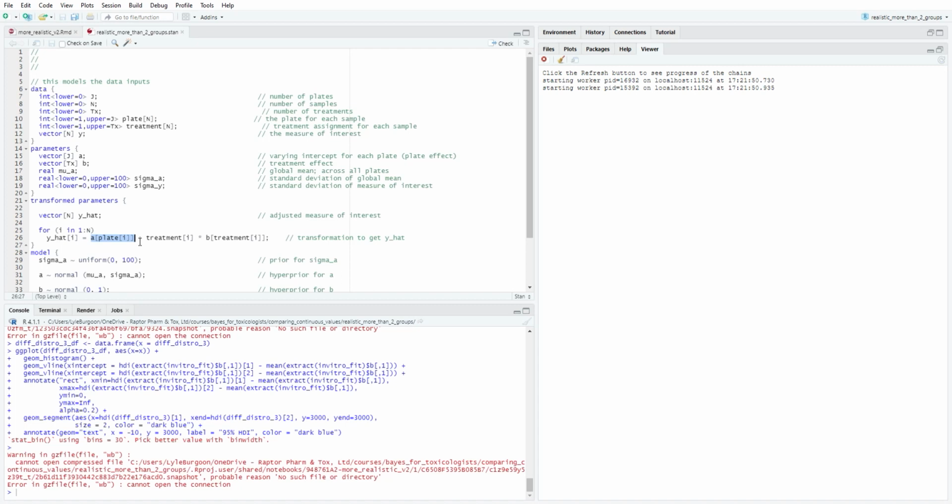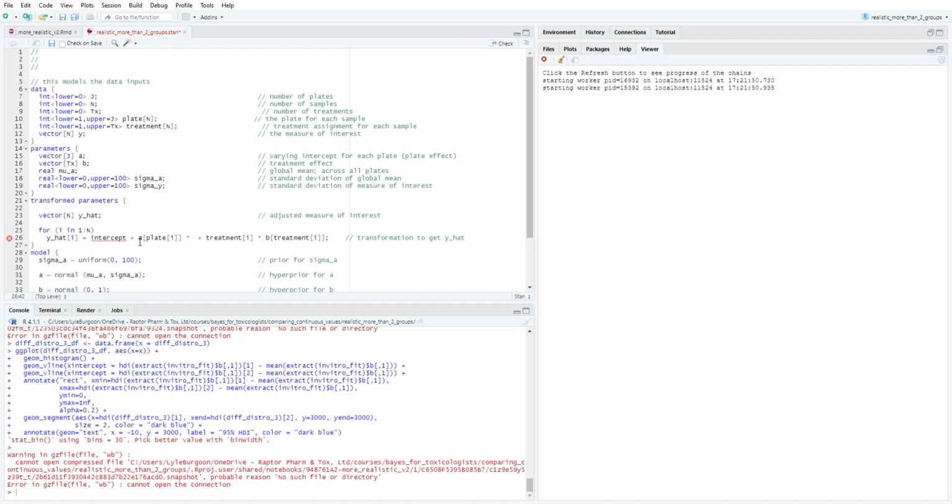Now what I could do is change this model up just a little bit more. And I've actually thought about this. I could add something else that would actually be the intercept. So I could have this kind of a situation. Oopsies. And then take that plate effect.